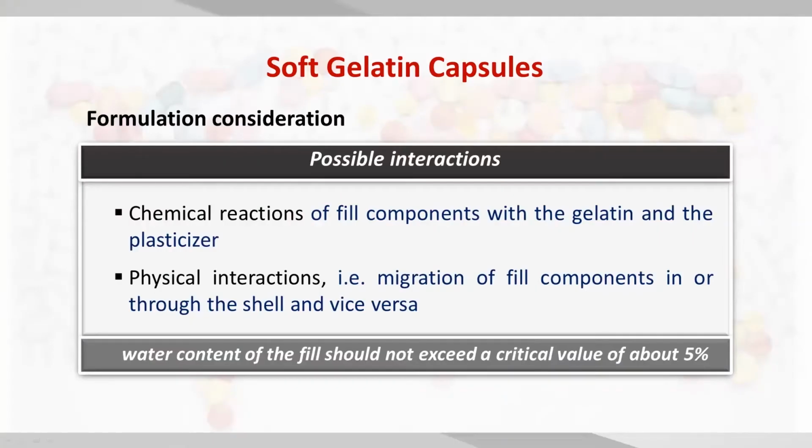So, how can we control these? To control the physical interaction like migration of the fill component, we generally control the water content of the fill, which should not exceed a critical value of about 5%. Using a water content lesser than 5% in the fill material, we can inhibit the physical interaction, especially the migration of fill components.